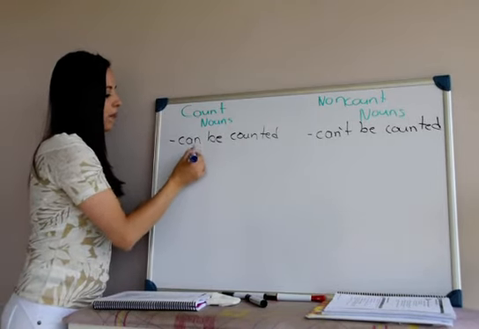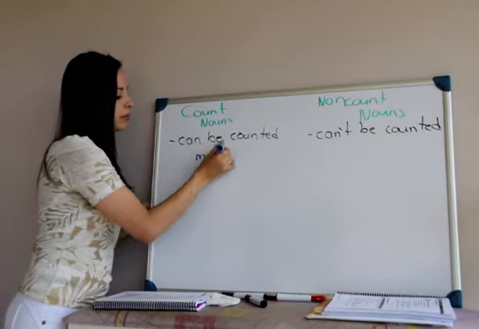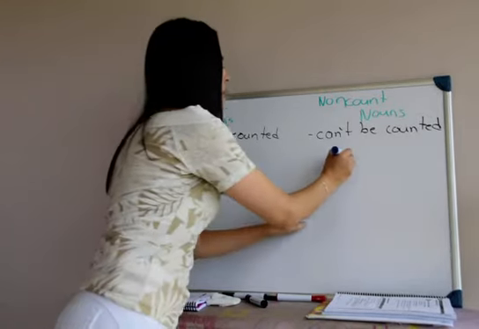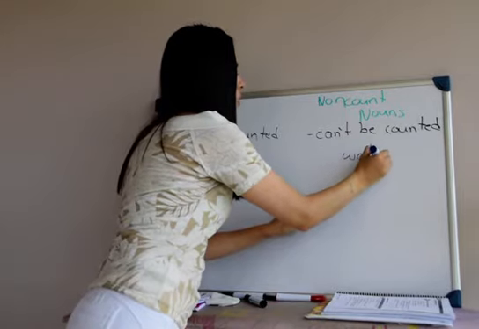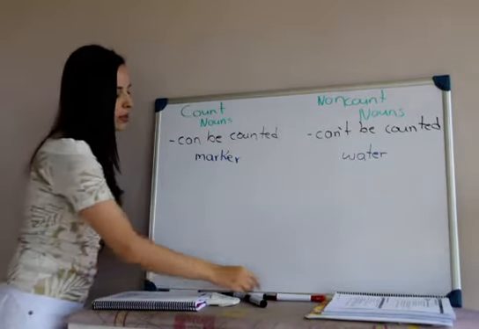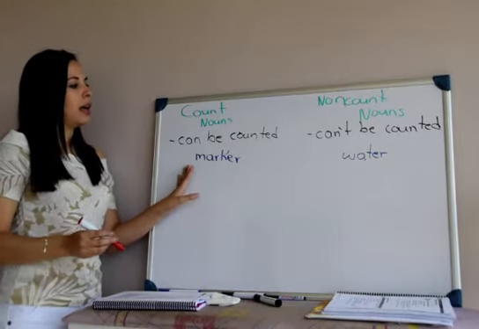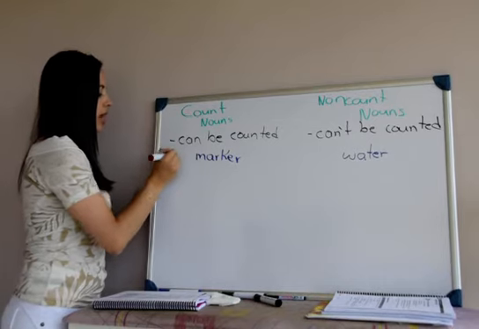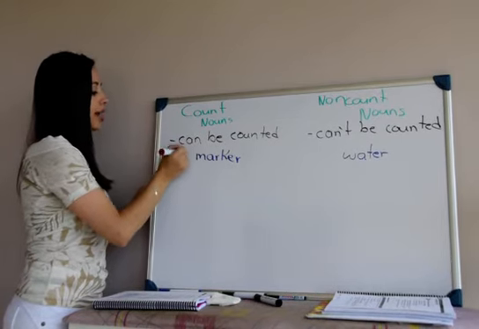So I have here the example of the marker. 1 marker, 2 markers, and I have here the example of water. Okay, water can't be counted. So what is important to know here? Okay, that count nouns can use the article, sorry.